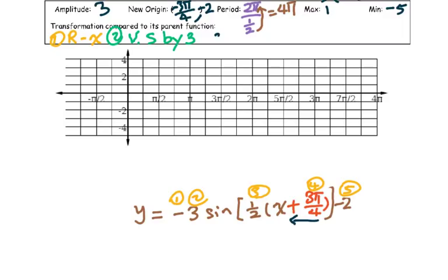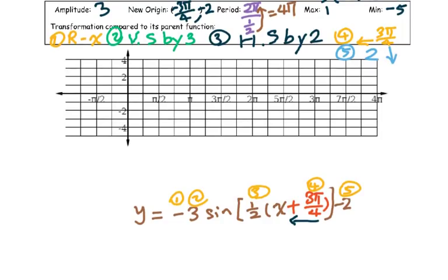For the third step, inside is a layer. There is a horizontal stretch by factor of 2. For the fourth step, move to the left 3 pi over 4 units. For the last step, go down 2 units.